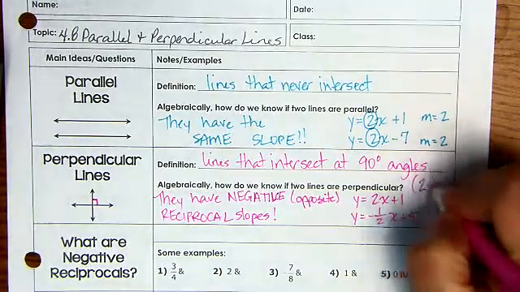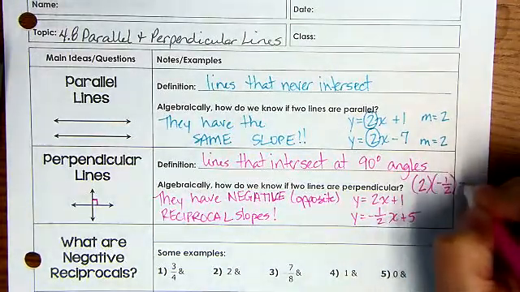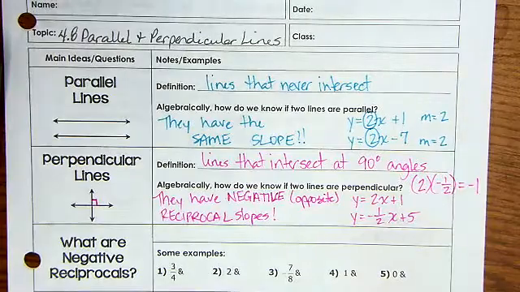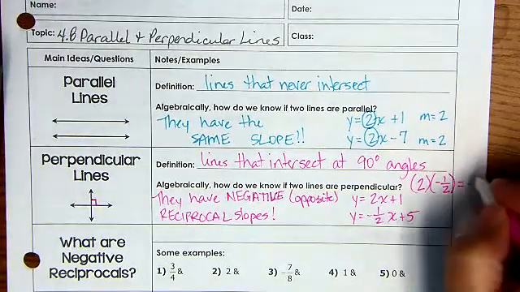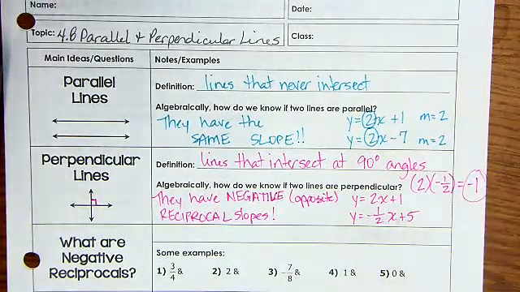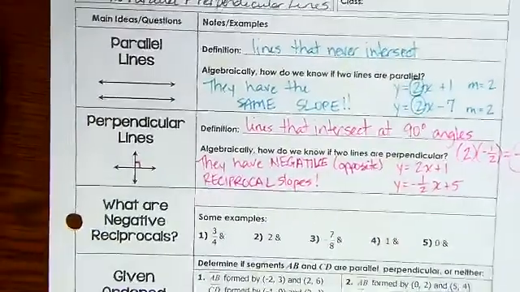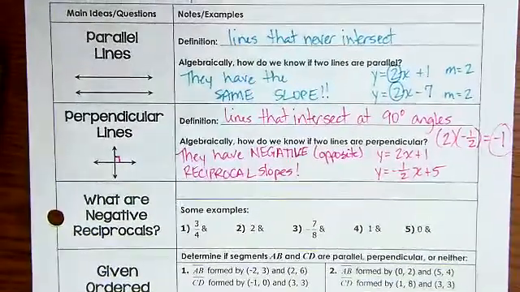If I multiply those together, it equals -1. So if you multiply the two slopes together and it equals -1, then they're perpendicular. Okay, so let's do a couple of examples of changing the slopes around.